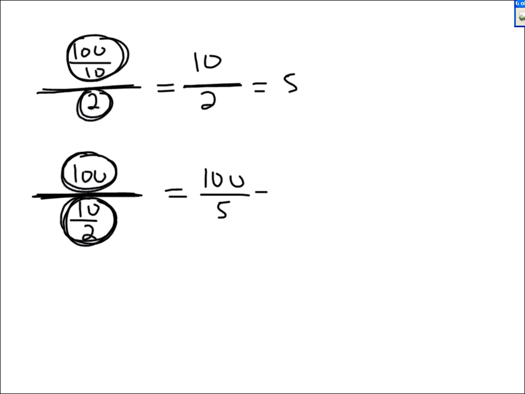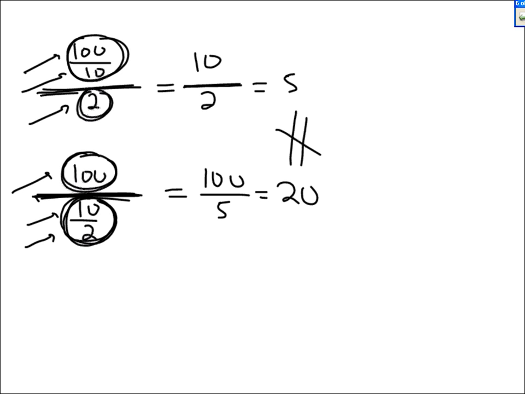And 100 divided by 5 is 20. We did not get the same answer. Notice, 100, 10, 2. 100, 10, 2. The numbers are in the same order. What's the difference? The main division line.